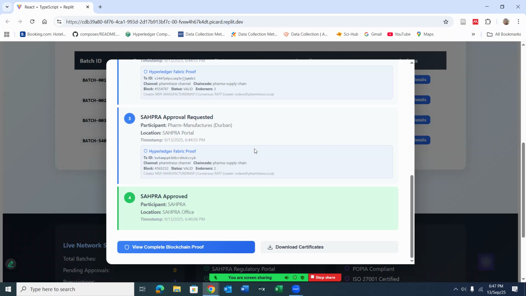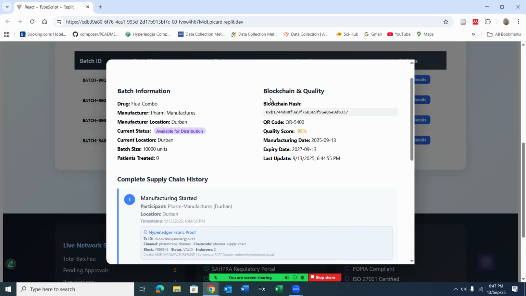Another thing that is also interesting is the blockchain information here, the blockchain and the quality. So this shows us that there is a blockchain hash, which is this number. So actually, what is the blockchain hash?